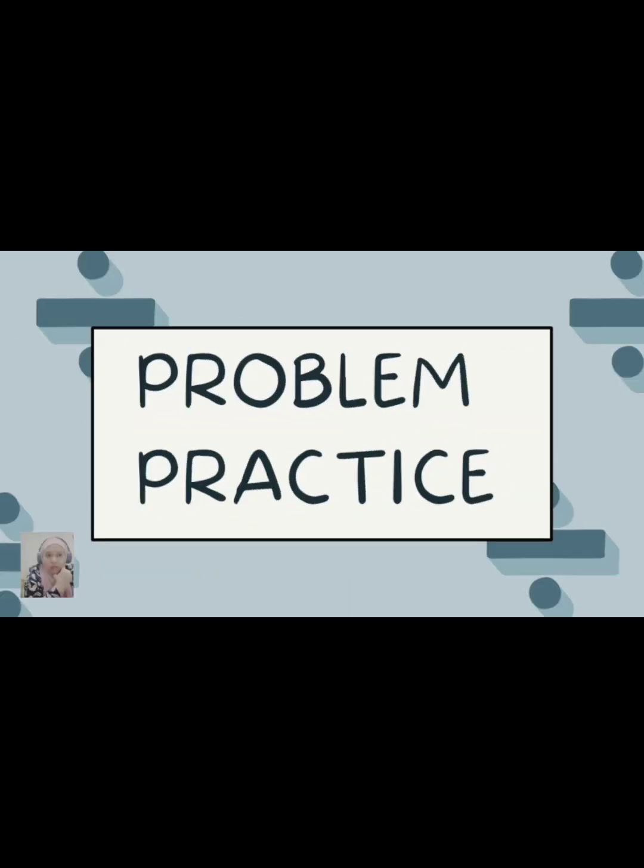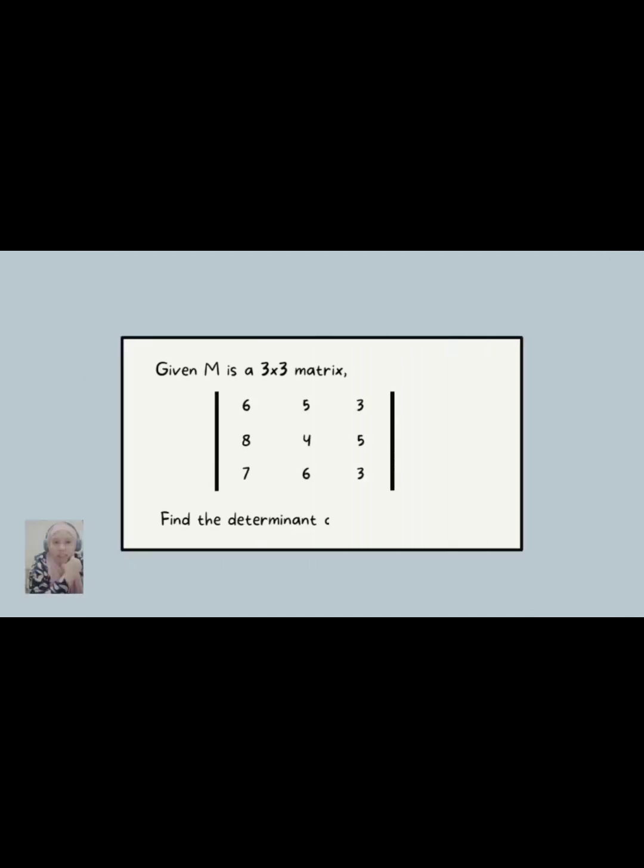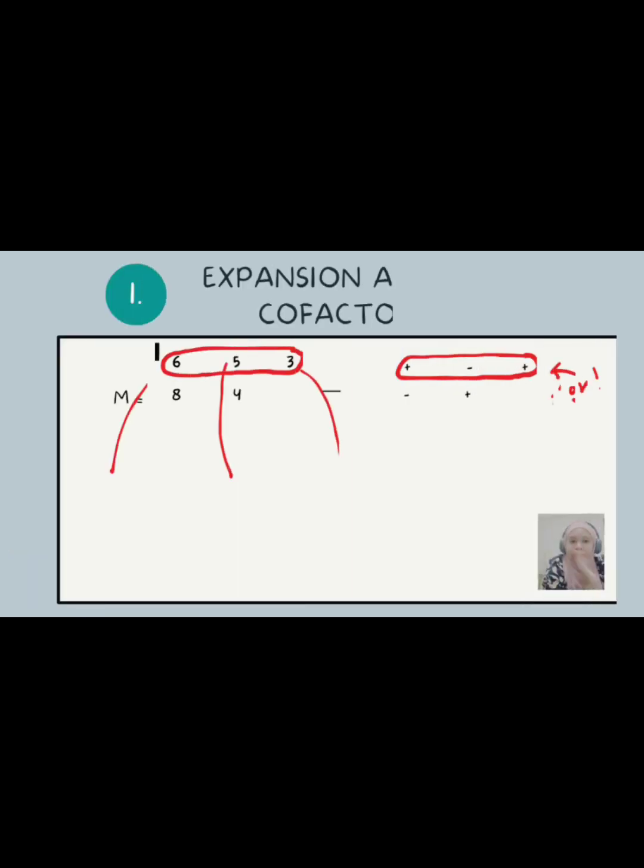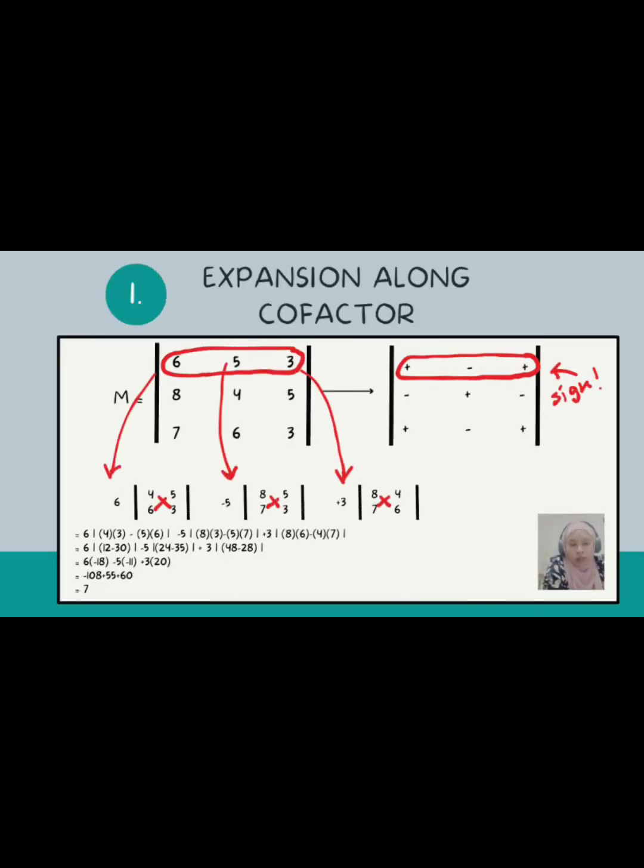Okay, followed by the problem practice. You can see for slide 10, given M is a 3 times 3 matrix: 6, 5, 3, 8, 4, 5, 7, 6, 3. The question asks for the determinant of M. To get the determinant of M, you have to use the first row, that means 6, 5, 3.